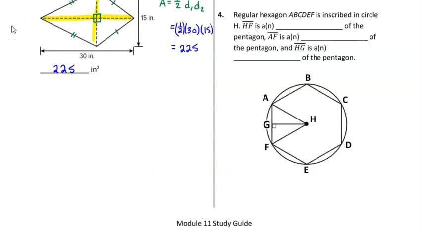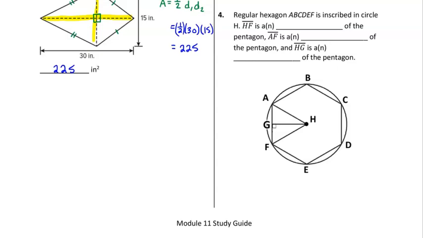Number 4 is a vocabulary question. It says there's a regular hexagon, A, B, C, D, E, F, inscribed in the circle. That just means it's inside the circle and those vertices are touching that circle. All right, and then it says, what is HF?